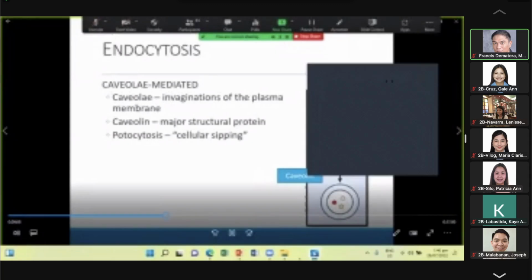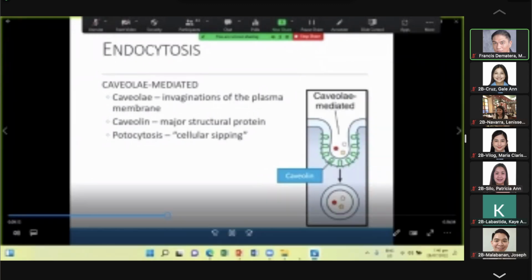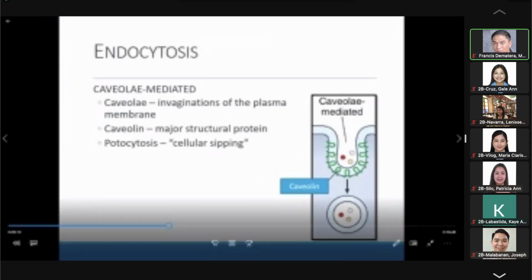So here there is internalization of molecules, receptors, and integrins, and so they play a role in transmembrane signaling and cellular adhesions. When internalization of molecules is accompanied by extracellular fluid, this is called potocytosis or cellular sipping.